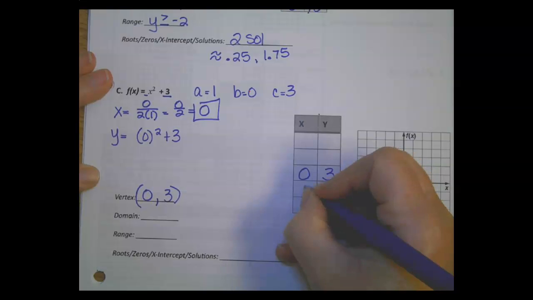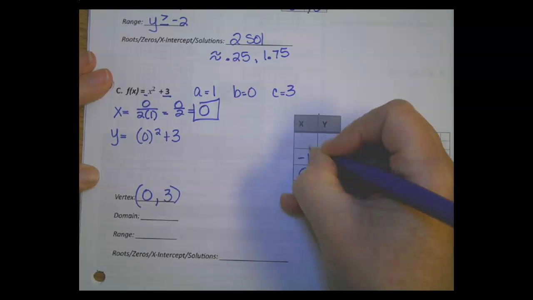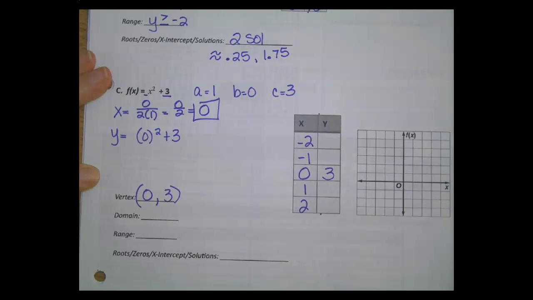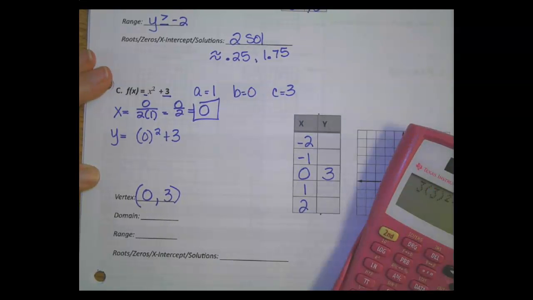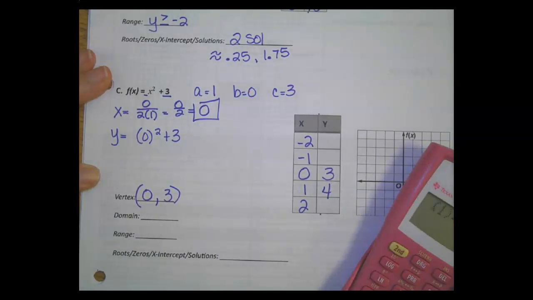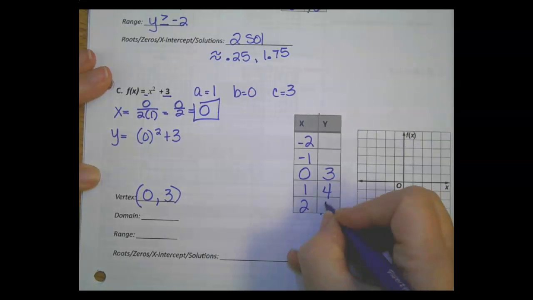Okay, so 0, 1, 2, -1, -2. Well, it's always easier to plug in positive numbers. So I'm going to use my positive numbers. So 1 squared plus 3 gives me 4. 2 squared plus 3 gives me 7.